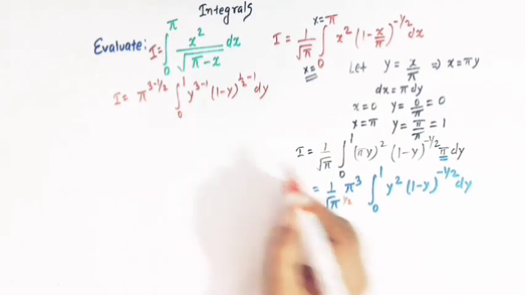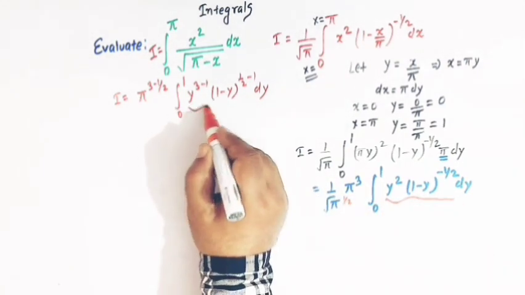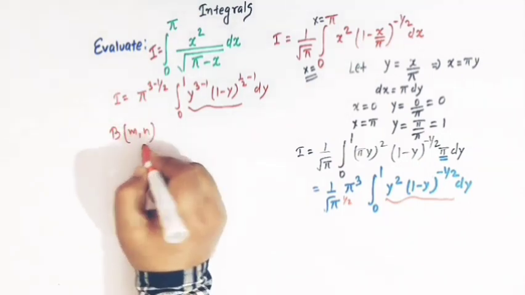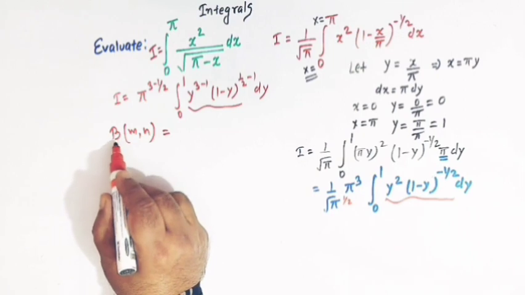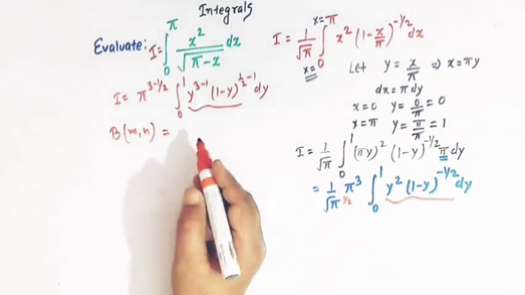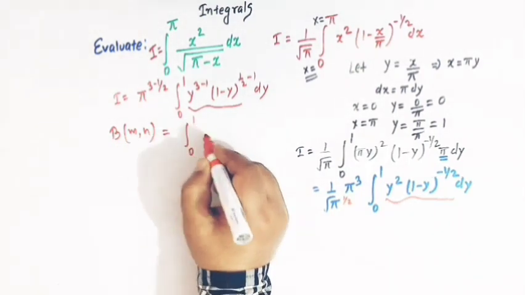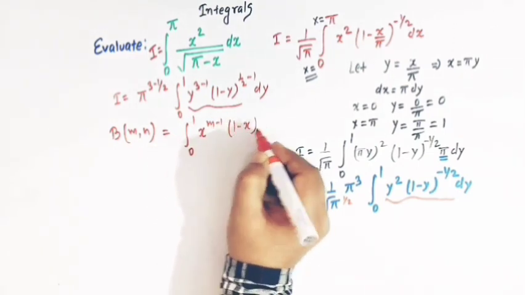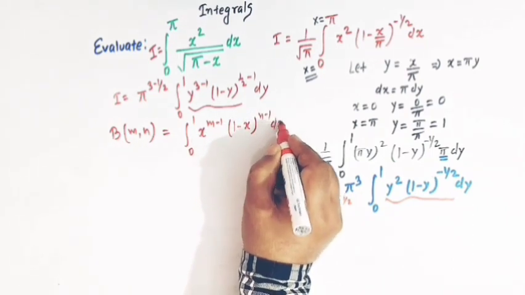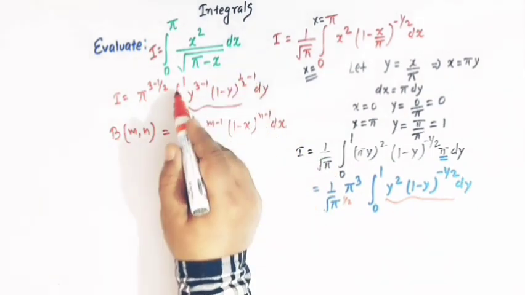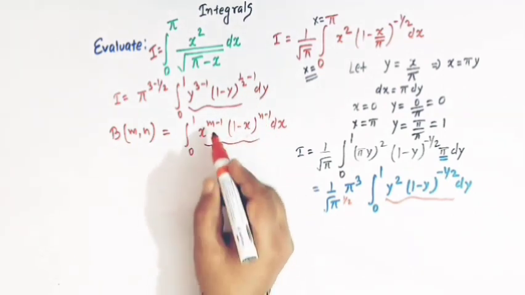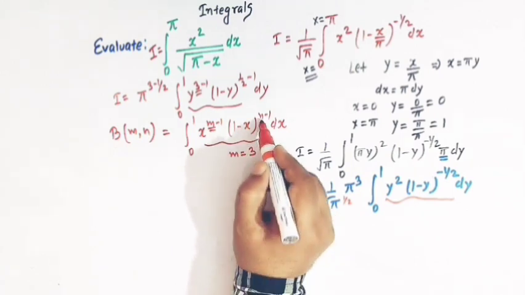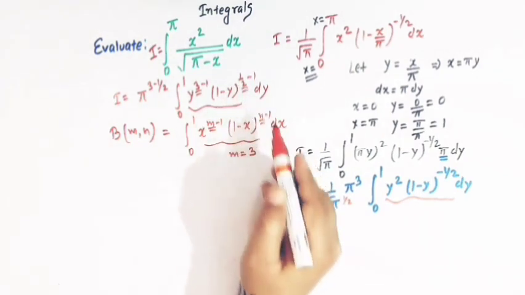So we have written this integral in this form because we are going to use the definition of beta function, right? So the beta function is defined as beta of m, n as integral 0 to 1 of x raised to m minus 1, 1 minus x raised to n minus 1 dx, right? So if we compare this integral with this one, then we see that the value of m is equal to 3 and the value of n is equal to half, right?